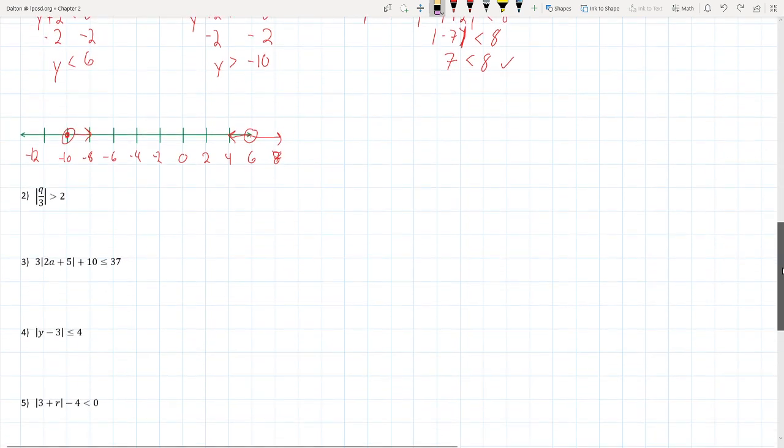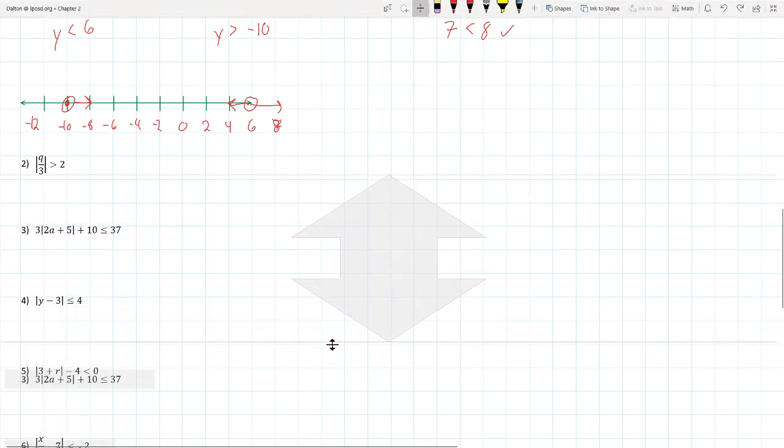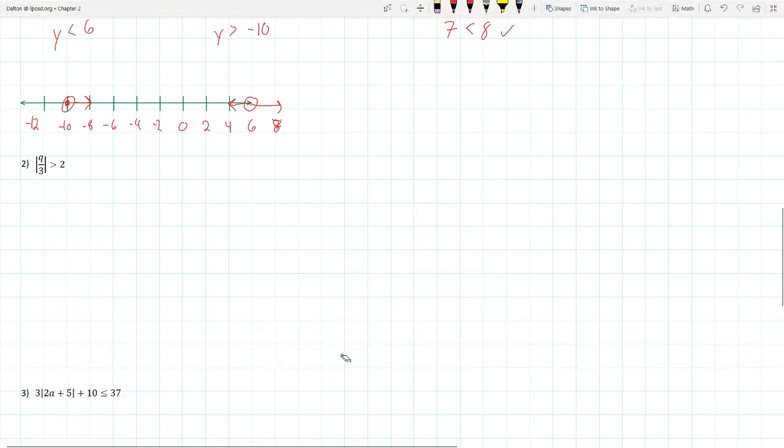Okay, we're going to do another one. The absolute value of q divided by 3 is greater than 2. So again, whenever we're doing this, we're kind of doing two different equations. We're doing q over 3 is greater than 2, and q over 3 is less than negative 2.